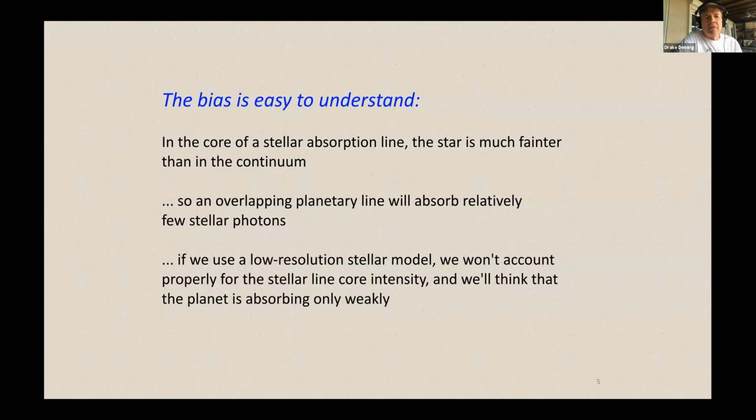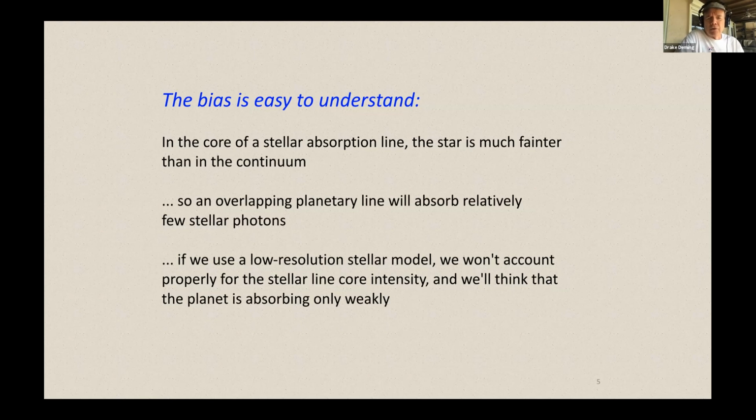Suppose your wavelength is the core of a stellar absorption line. In the core of that line, the star is much fainter than it is in the continuum. If there's a planetary absorption line from the same molecule absorbing at the same wavelength, let's say the orbit is circular, so there's no relative radial velocity difference, well, the star is not emitting very many photons at that wavelength.